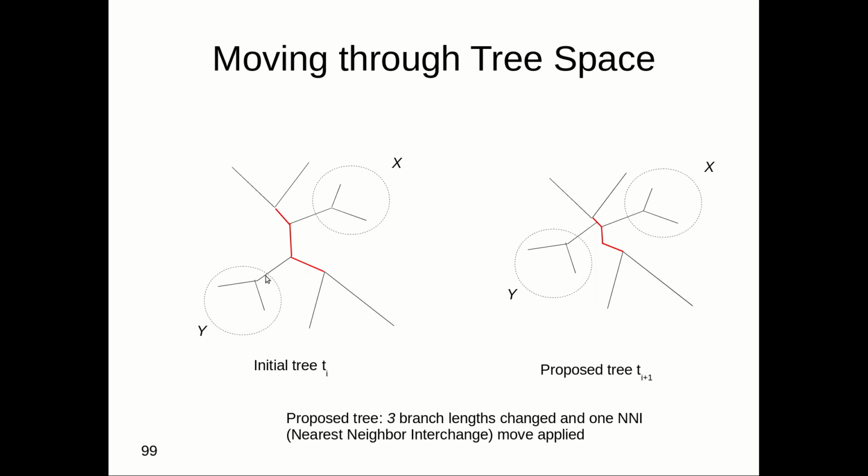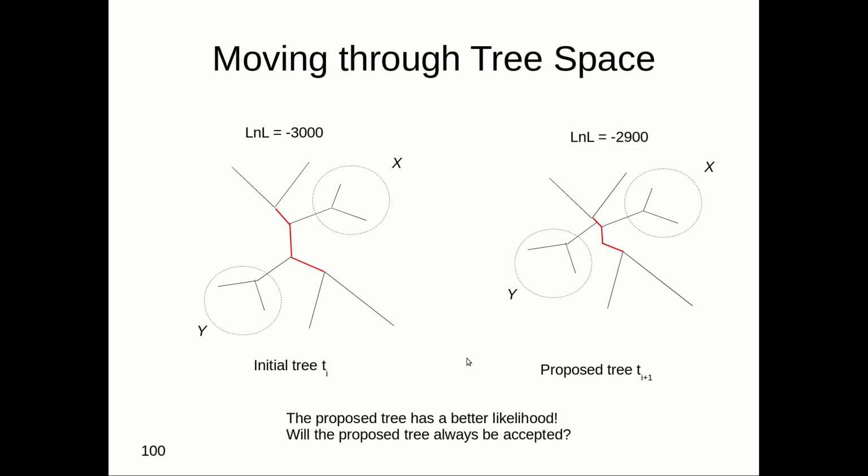If we look at this type of tree move, this is the original tree Ti, and this is the proposed tree Ti plus 1, or T star, to be consistent with our terminology. In this new proposed tree T star, 3 branch lengths have changed, and 1 nearest neighbor interchange move was applied. So this is what happened here.